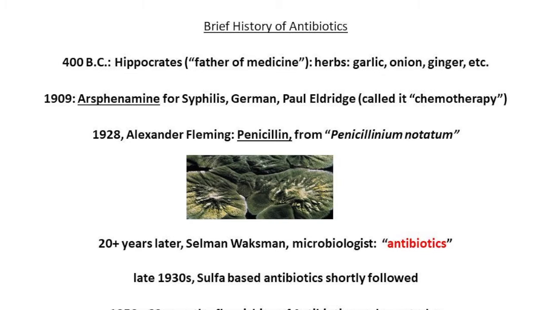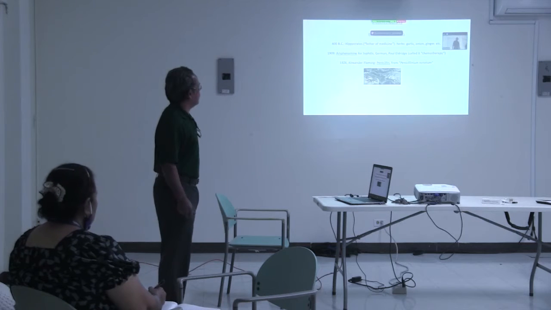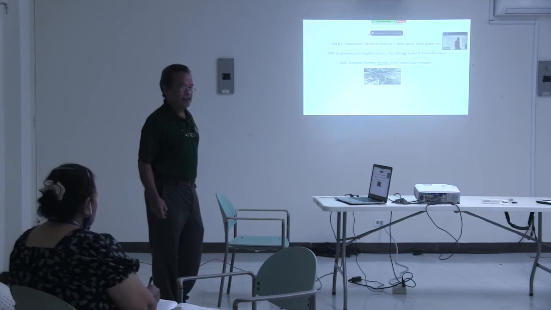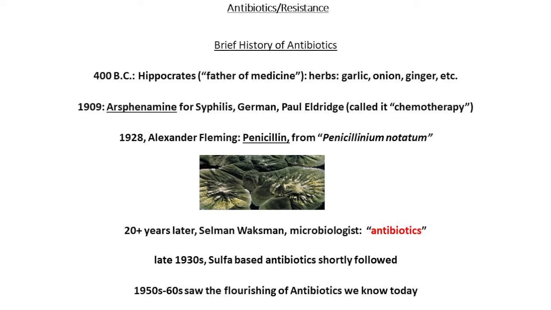It's molds, fungus. You know when your bread spoils, that's the fungus. It's called Penicillium notatum, a species of fungus that Fleming isolated the penicillin from.